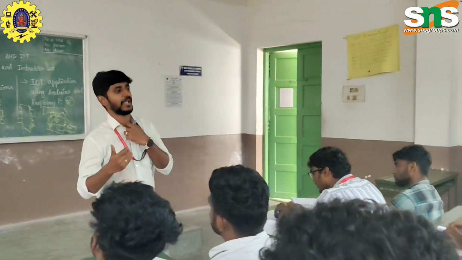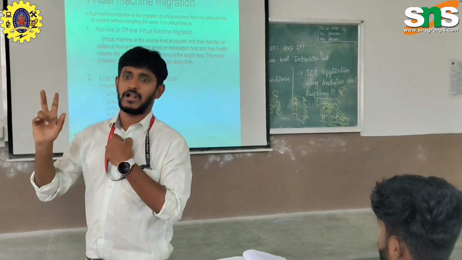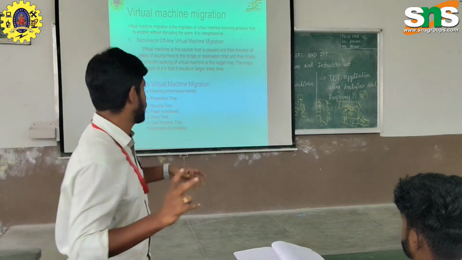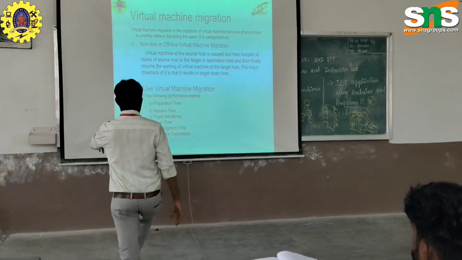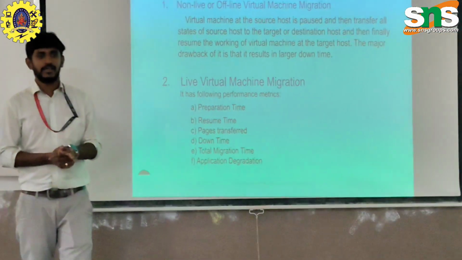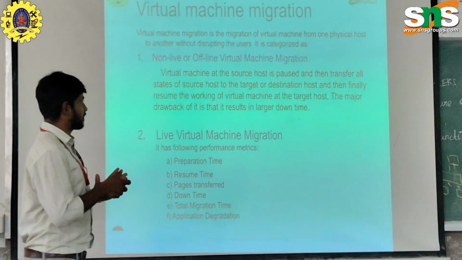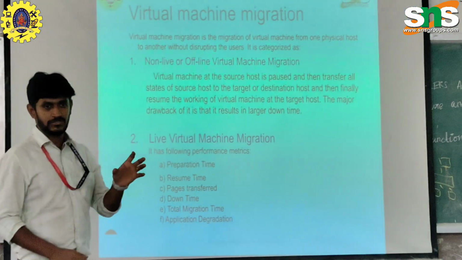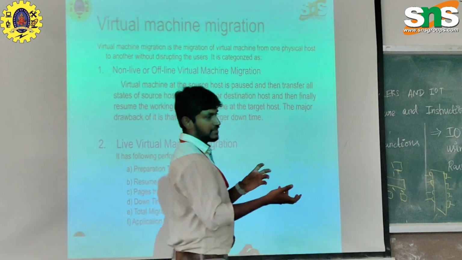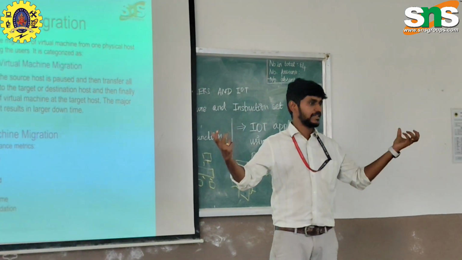Migration generally has two parts. A power off and a power on mode will be used here. So we have live and non-live virtual machine migrations. Virtual machine migration is a transfer of source to destination. There might be a source and a destination.